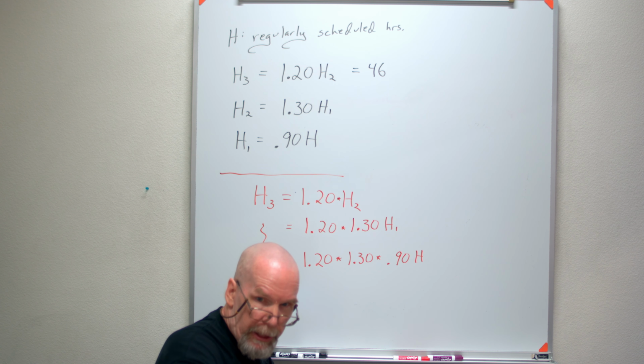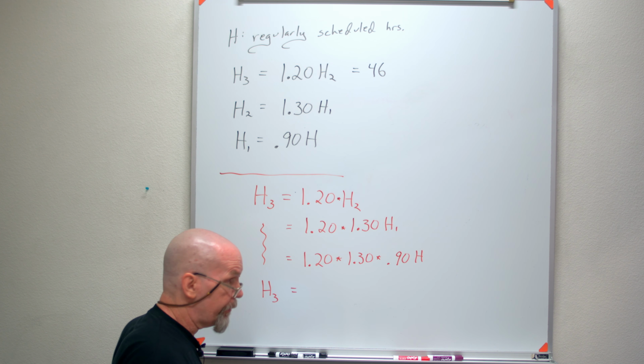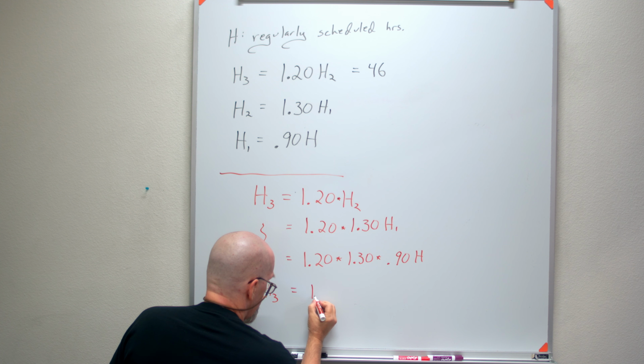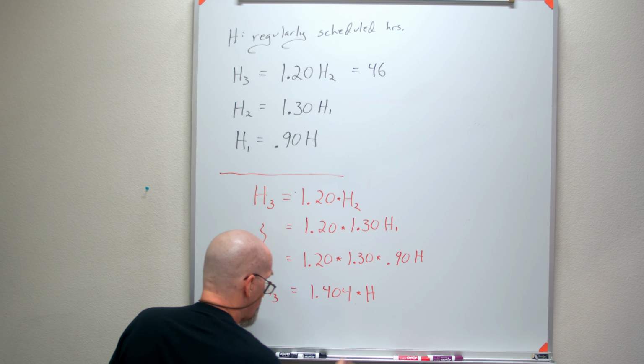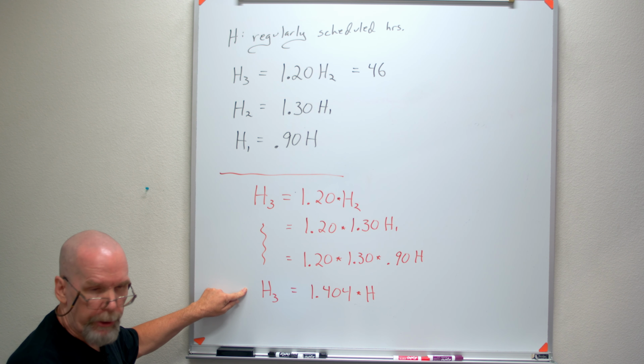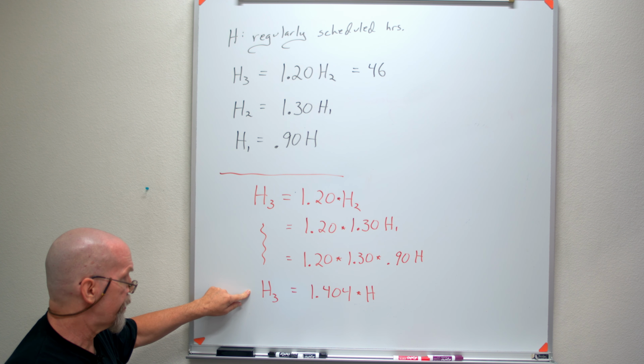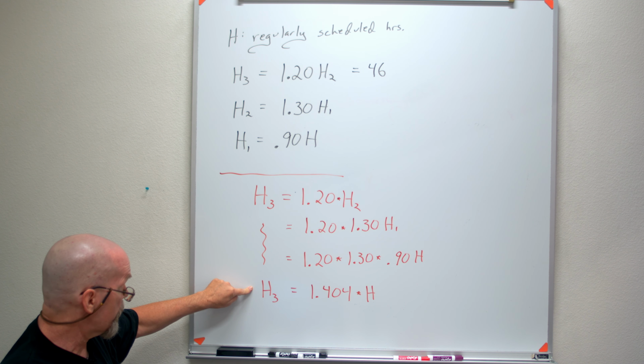And if I grab my calculator and actually multiply those out as I did previously, those are 1.404 times H. They told us that she worked 46 hours in her 3rd week, so this becomes a 46.